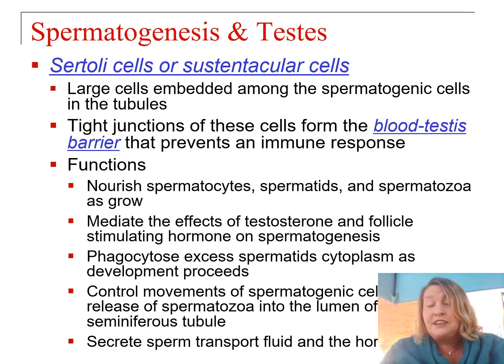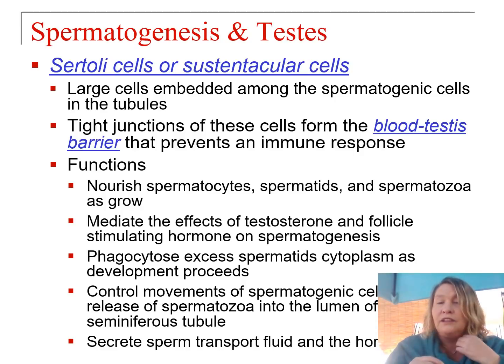They're very large cells. I'm going to show you a picture. They are embedded among all of the spermatogenic cells, and those spermatogenic cells are in different stages of development. The sustentacular cells, or Sertoli cells, have tight junctions between each other. This is really important because it forms a blood-testis barrier, so there's no immune response against these sperm cells.